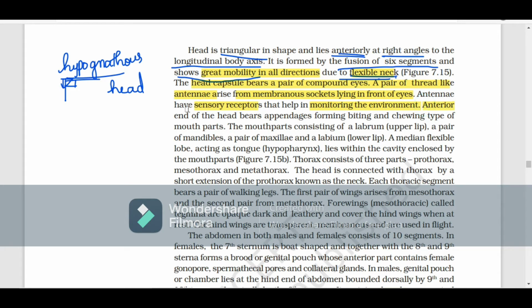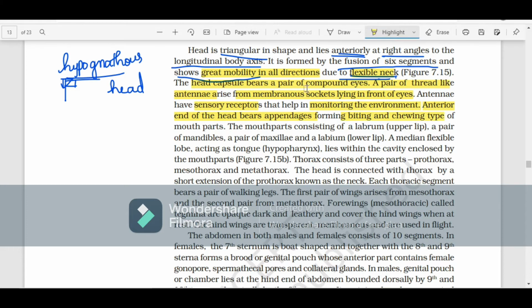The anterior end of the head bears appendages which form biting and chewing type mouth parts. You can remember B then C, biting and chewing, because they will give different options to choose between. The mouth parts contain the labrum, the upper lip, a pair of mandibles, a pair of maxillae, and the labium, which is the lower lip.